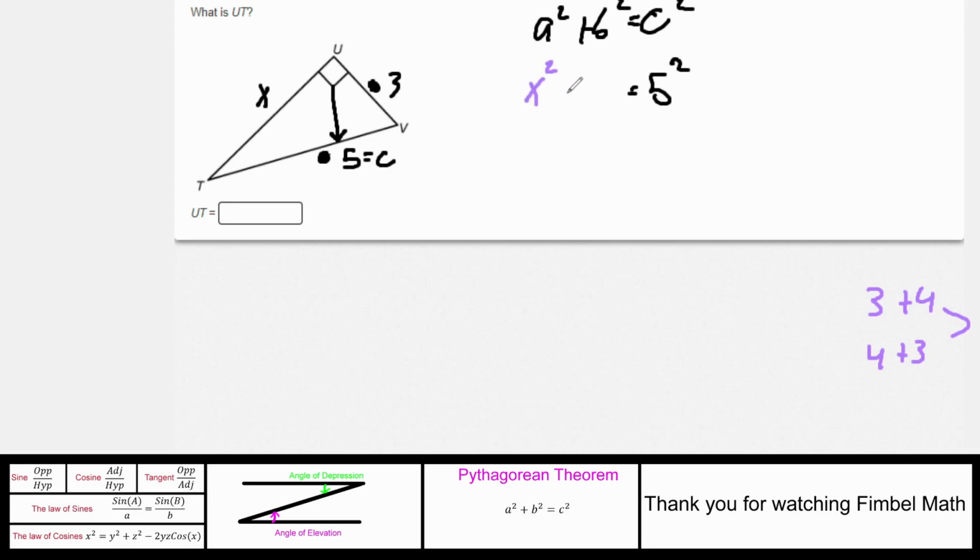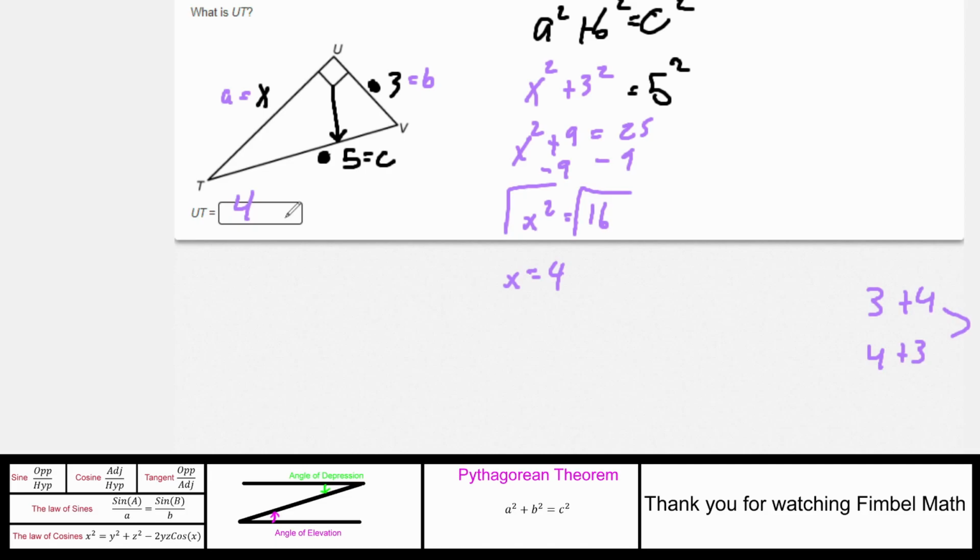So it's going to be x squared plus 3 squared, where this would just be my side a and this would just be my side b. Obviously we can't do anything with the x squared, but this is going to give me 9 and 25. Subtract 9 from both sides. This gives me x squared equals 16. And then if I take the square root of both sides, I get x equals 4.